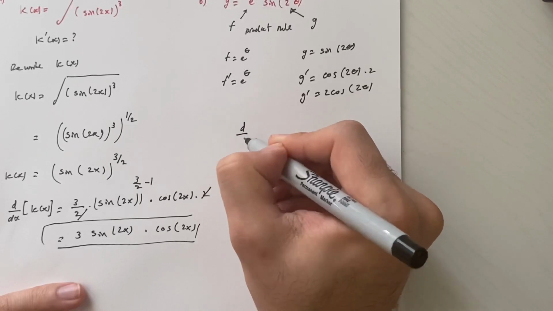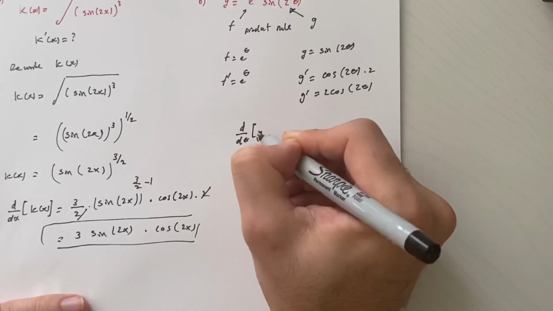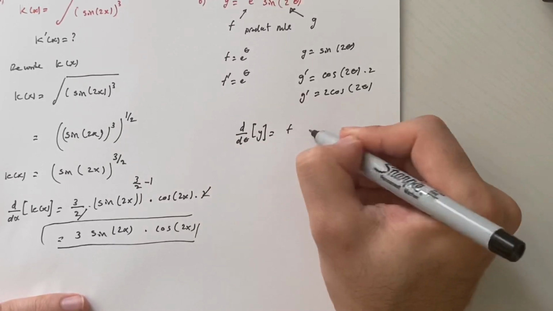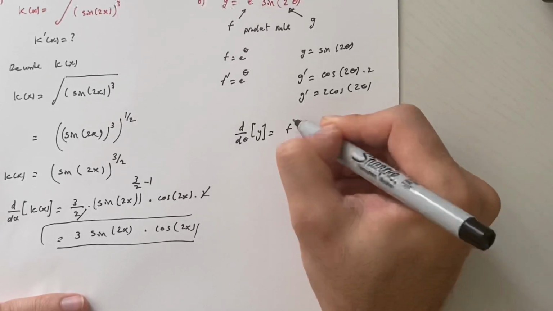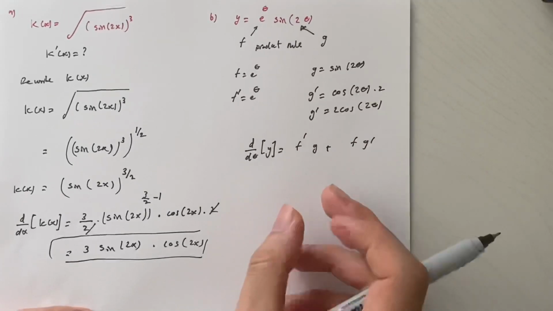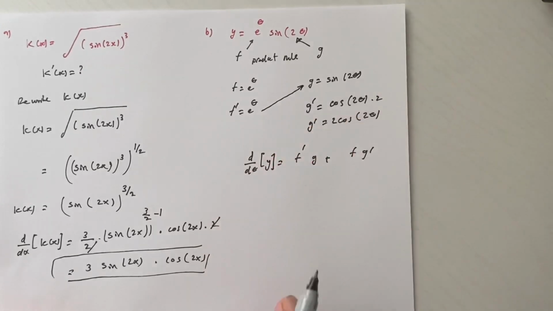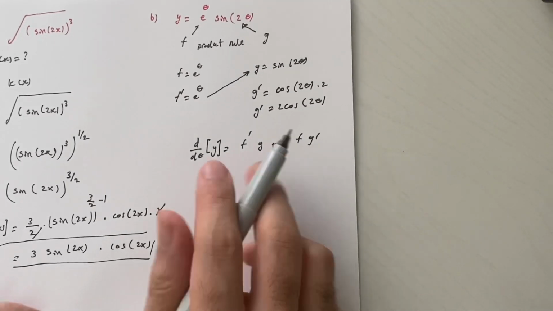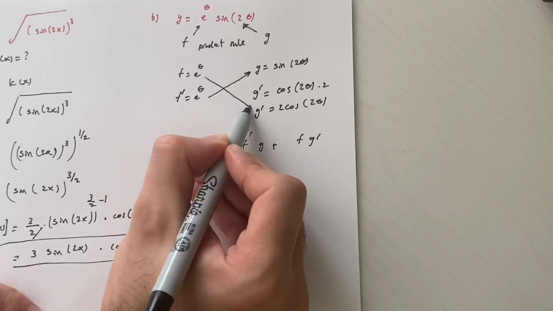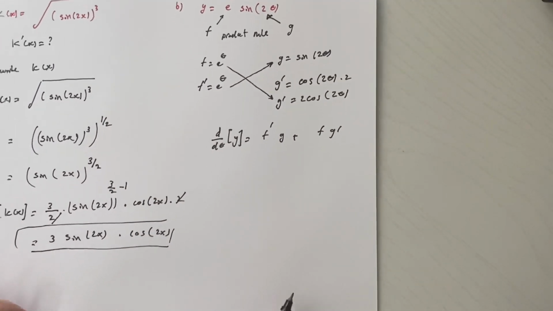Now we are ready to apply the product rule, and this is what the product rule states. First we take f prime, multiply it by g, and add to it f multiplied by g prime.